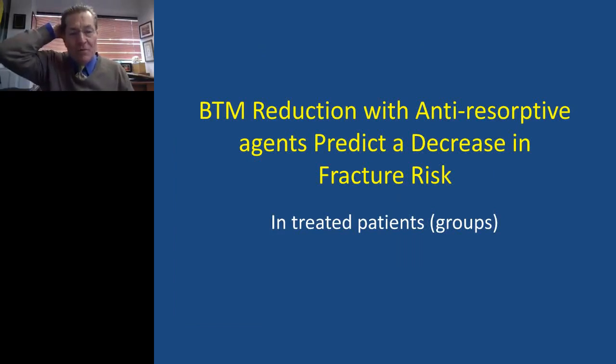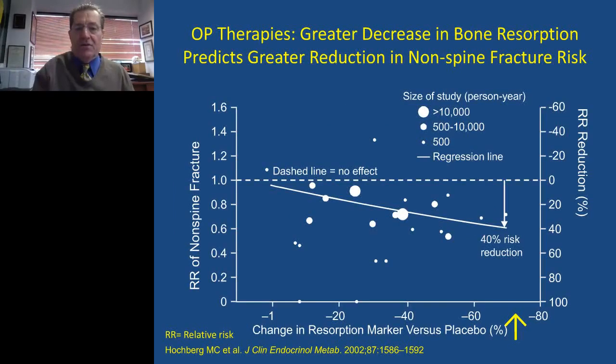Again, in groups of patients, reduction with anti-resorptive agents predicts a decreased risk of fracture. This is a meta-analysis from Mark Hochberg at the University of Maryland in the rheumatology division, showing the drop in the bone resorption marker over time in a number of studies with anti-resorptive agents.